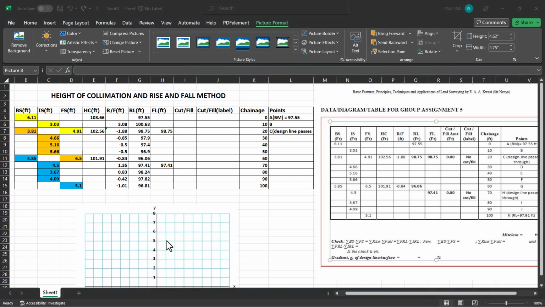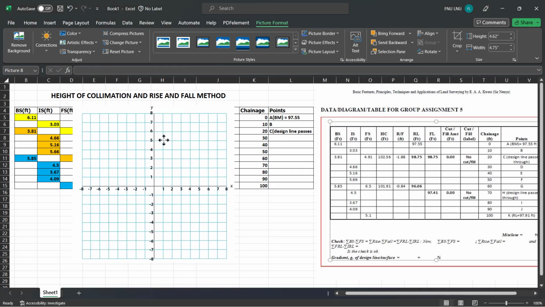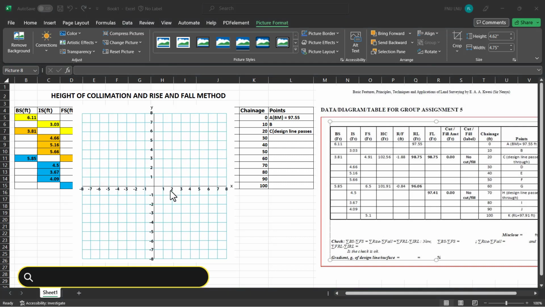So for you to understand how the cut and fill is done, I'm going to use this graph to show you. Let's say you want to get a flat surface of which the elevation is, let's say, 0.